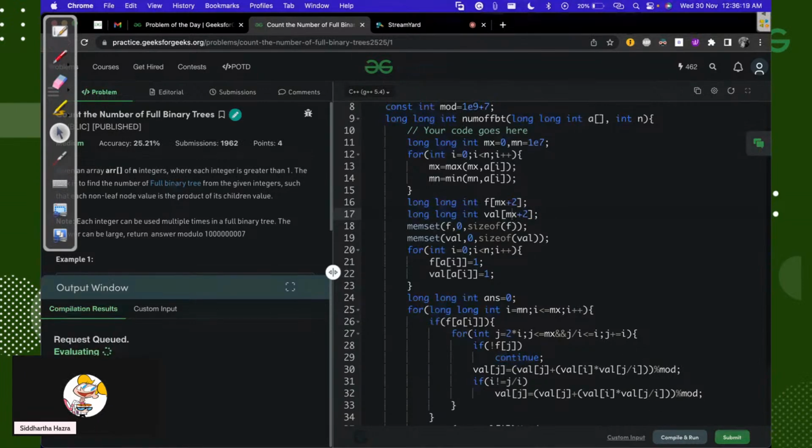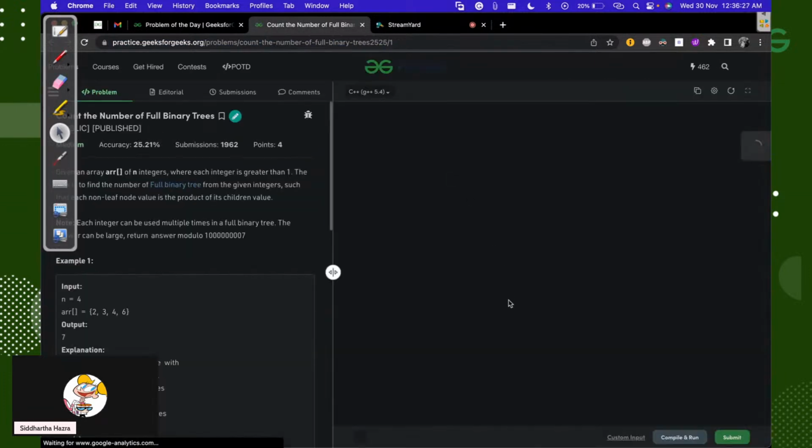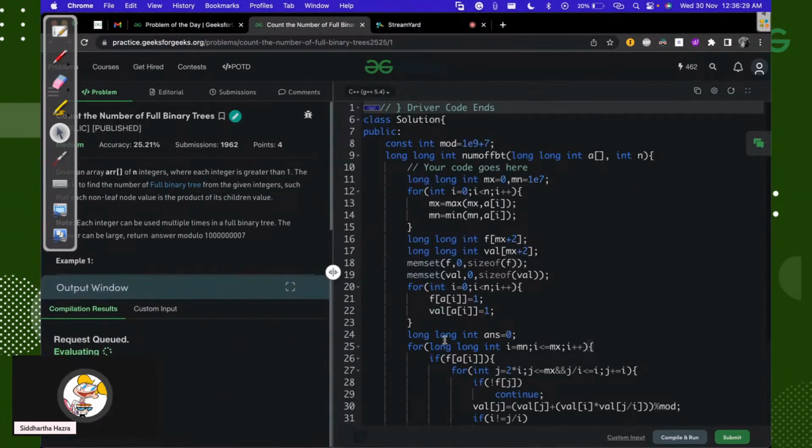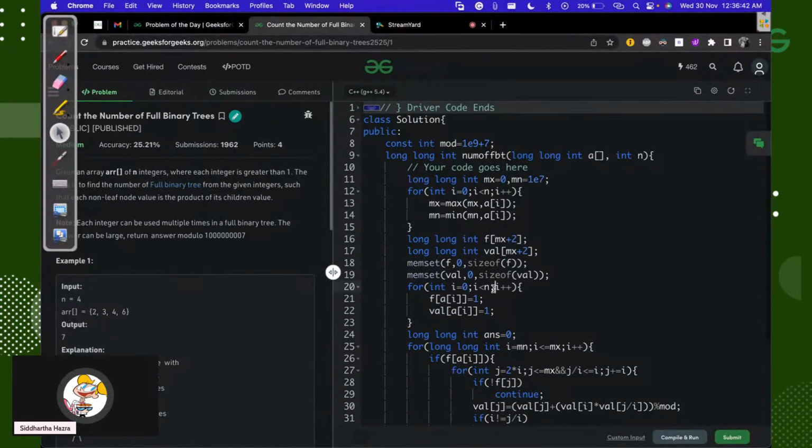Do we have any error over this? I don't know, it seems like the server is not responding because it's a correct code.